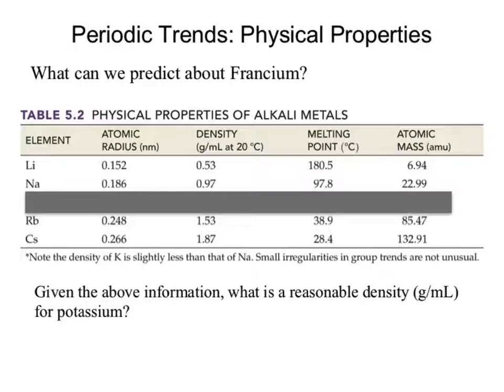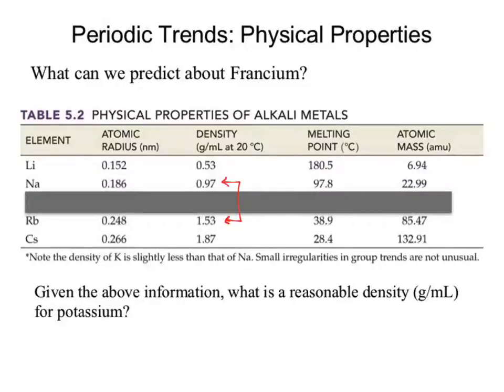Okay. So given the above information, what would be a reasonable density for the potassium atom? In between where? Oh, density. I'm looking in the wrong spot. Somewhere in between those two values.